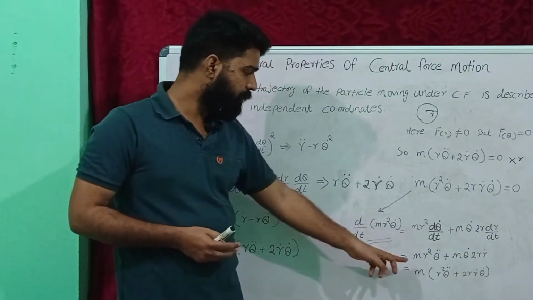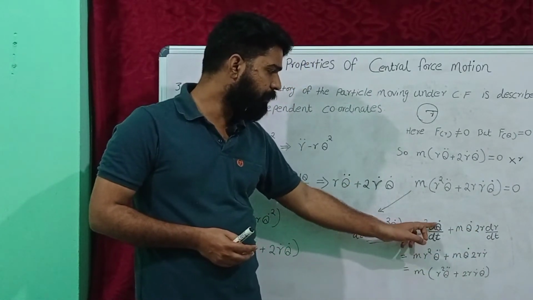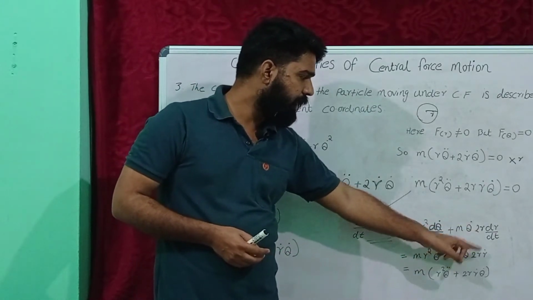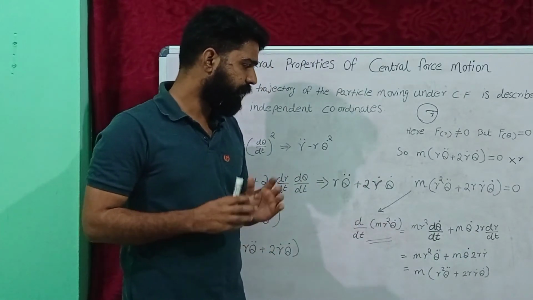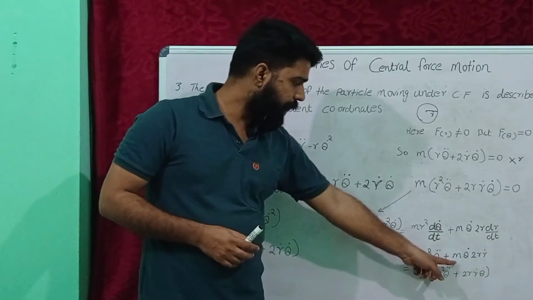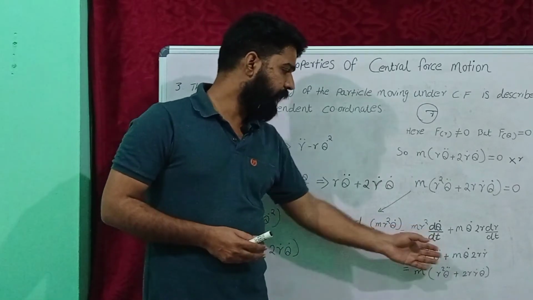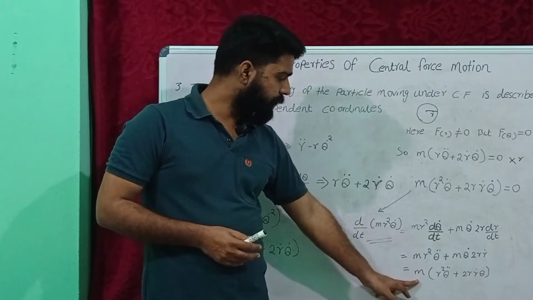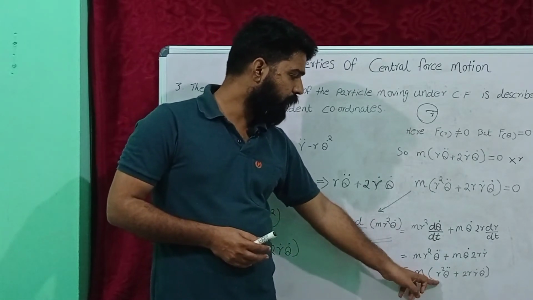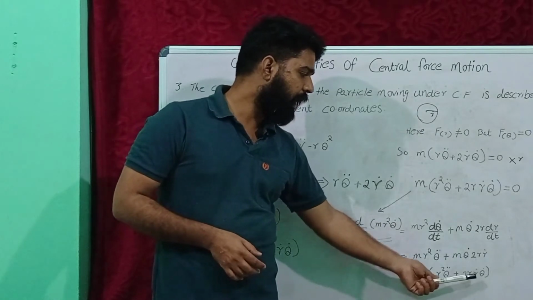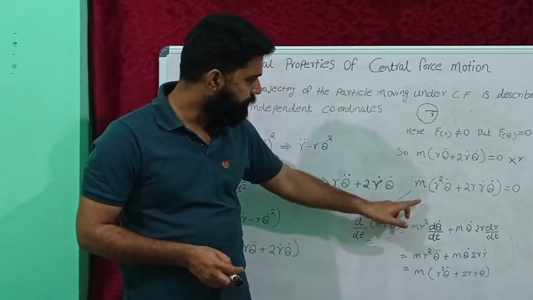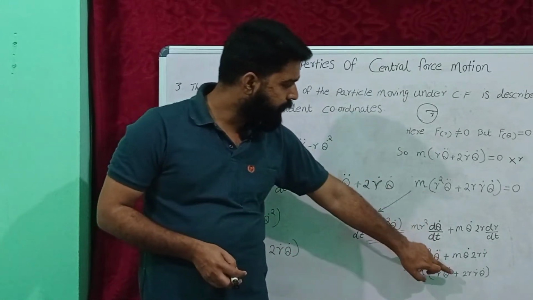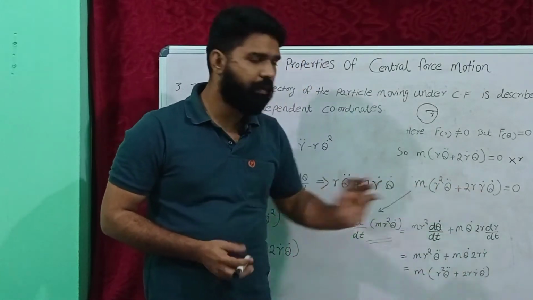Then we get m r square theta double dot plus m theta dot 2r r dot. Here m is common, so we can take m outside the bracket: m into (r square theta double dot plus 2r r dot theta dot). So this is the same as m r square theta double dot plus 2r r dot theta dot.